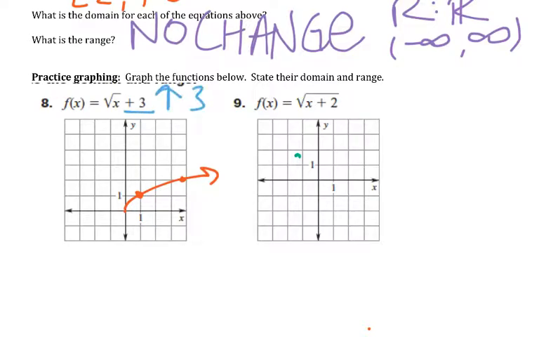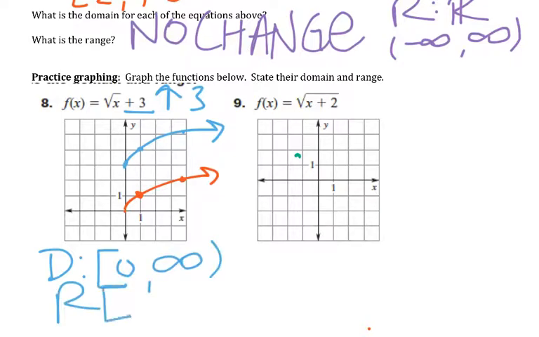So 0, 0 becomes 0, 3. 1, 1 becomes 1, 4. And 4, 2 becomes 4, 5. And voila, we have our transformed function. The domain is 0 to infinity. The range, normally it's 0 to infinity, but we moved up 3, so it's now 3 to infinity.